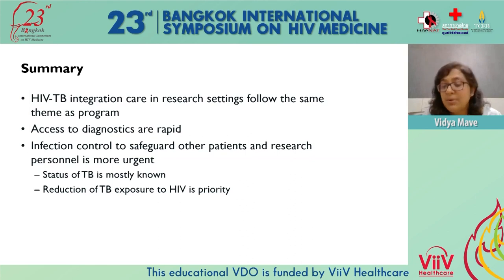And we also ensure infection control is in place so that patients and research personnel are not acquiring TB infection or disease. Specifically because reduction of TB exposure for HIV is a priority, it has become critical for the participants, at least the HIV participants.